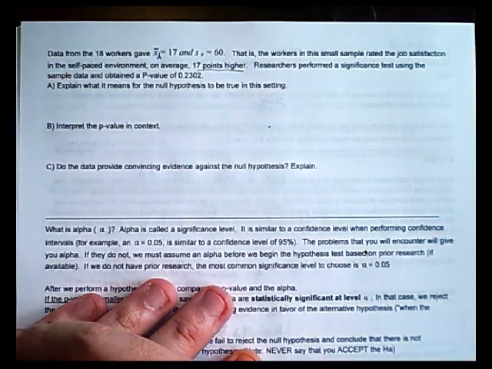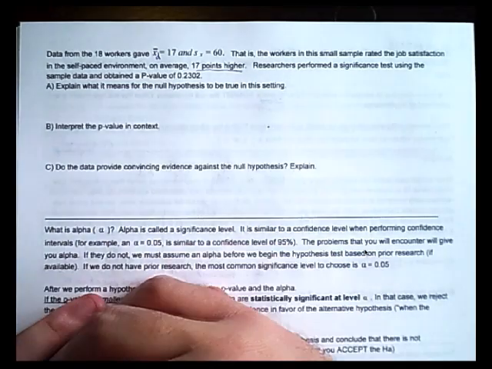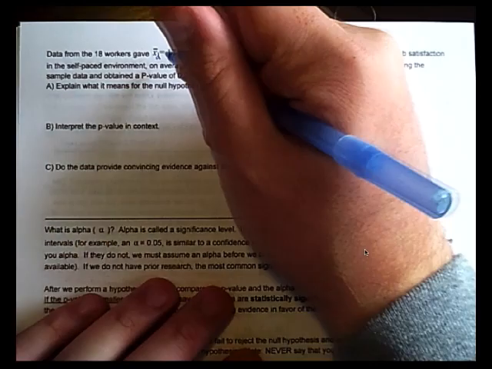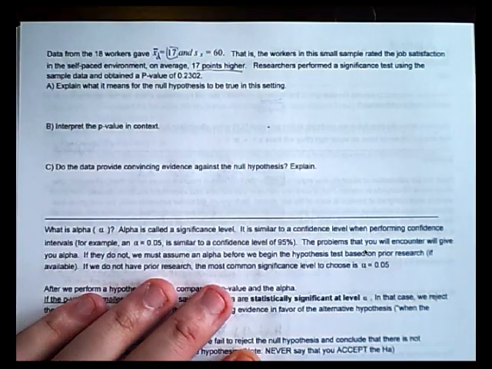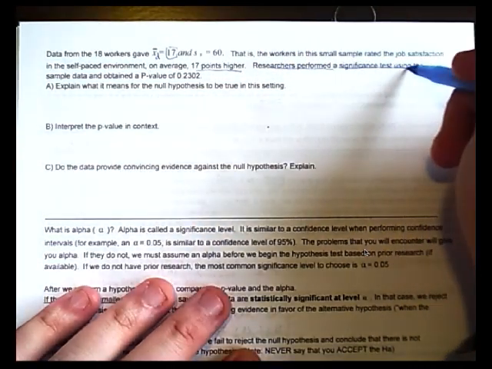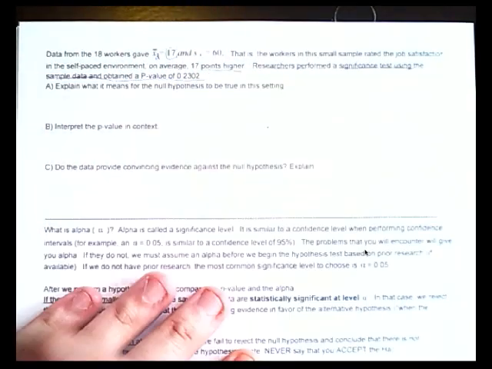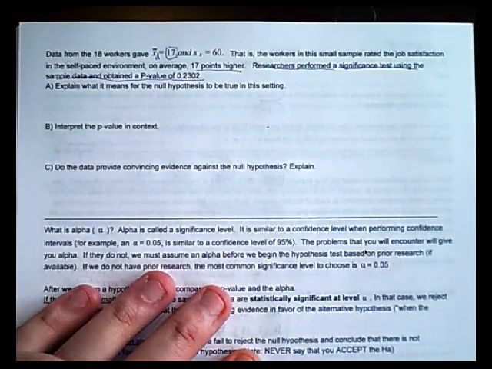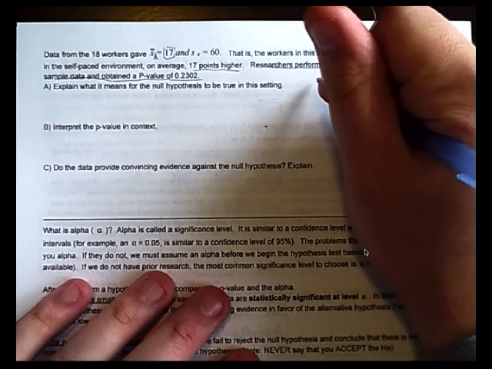So we took everybody's difference, added them all up, and divided by the 18 workers, and on average, each person said 17 points higher on a satisfaction scale. It says researchers performed a significance test using the sample data and obtained a p-value of 0.2302. It says, explain what it means for the null hypothesis to be true in this setting.